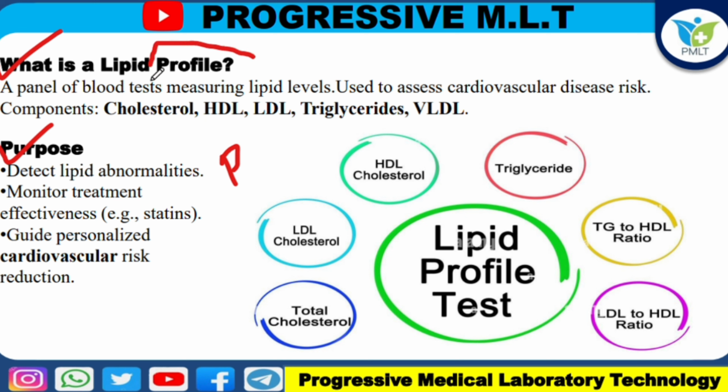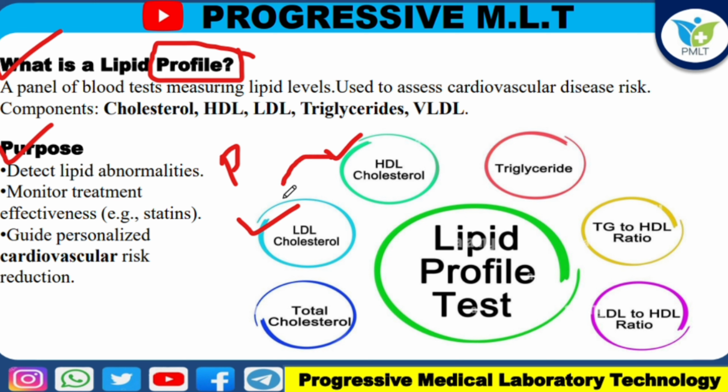Firstly, whenever we use the term profile, it means there are lots of parameters present, so we need to understand what parameters are present in the lipid profile test. See here, firstly there will be HDL, that is high density lipoprotein. After that LDL, that is low density lipoprotein.